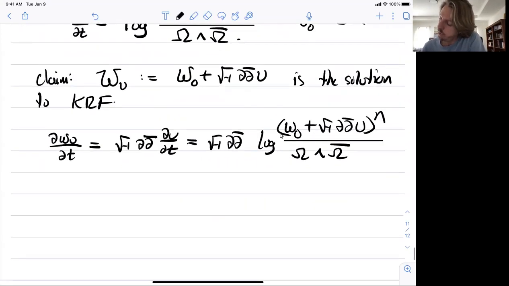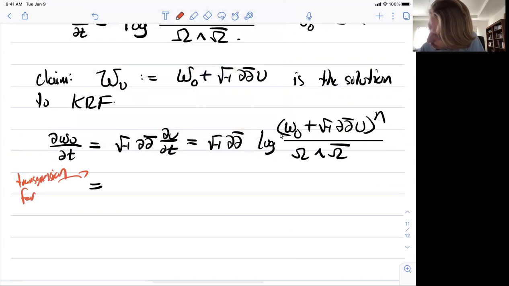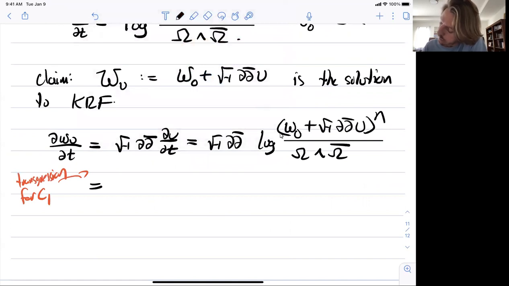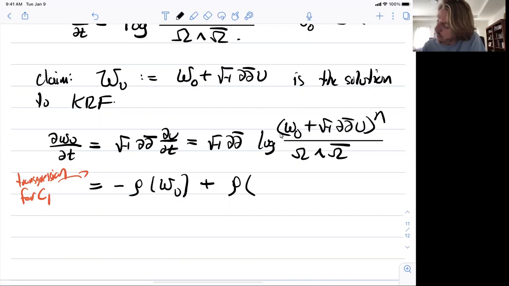But then using this famous transgression formula for the first Chern class, this is exactly minus the Ricci form of omega u plus the Ricci form associated to this volume form.